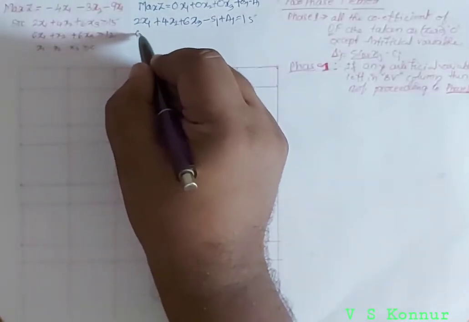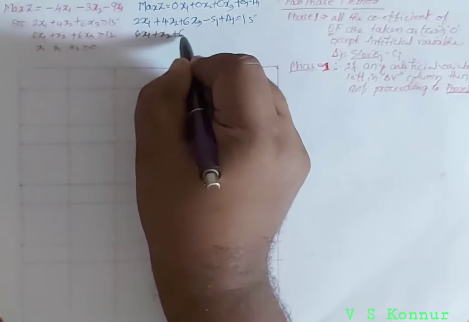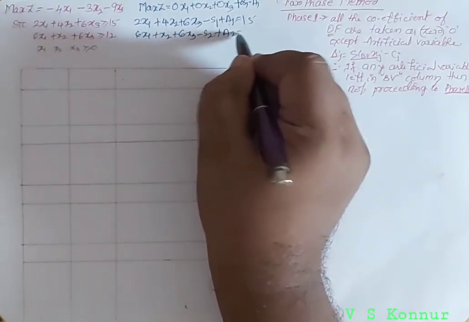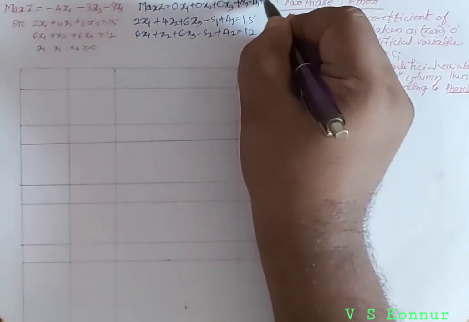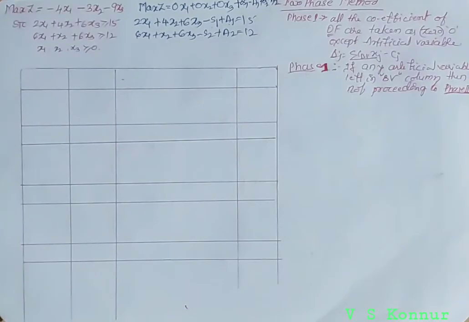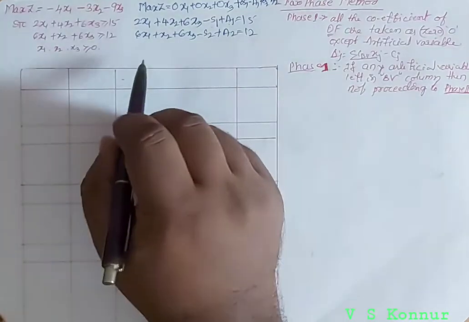Second constraint, 6x1 + x2 + 6x3 - s2 + a2 = 12. So 0s2 and minus a2 have to be added. The coefficients of the artificial variables in the objective function are minus a1 and minus a2. Other than that, 0s1 and 0s2 will be added as coefficients in the objective function.